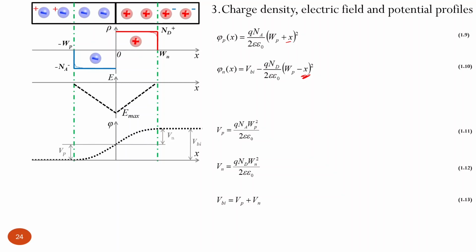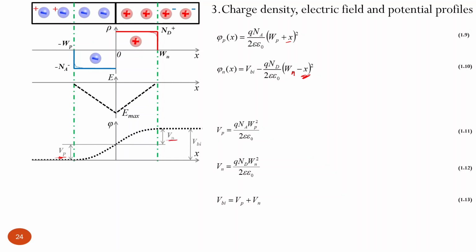Okay, that was a mistake, it should be N. Wn instead of x, and we can get the maximum potential difference in the scope of the depletion region in the p-type and n-type, so this Vp and Vn.